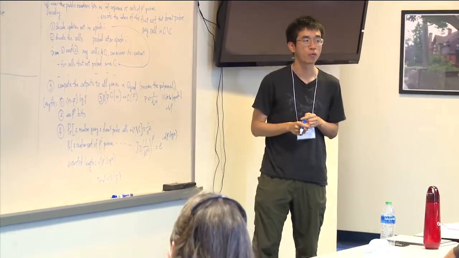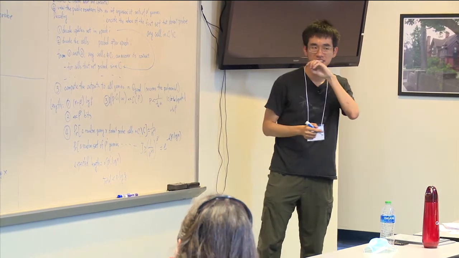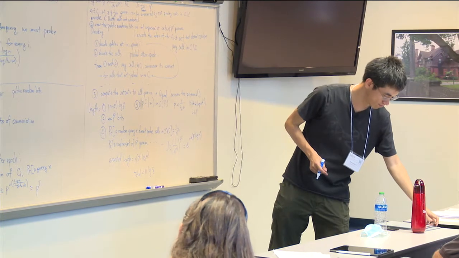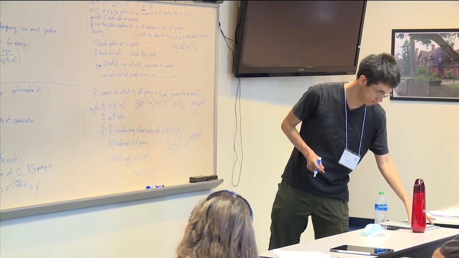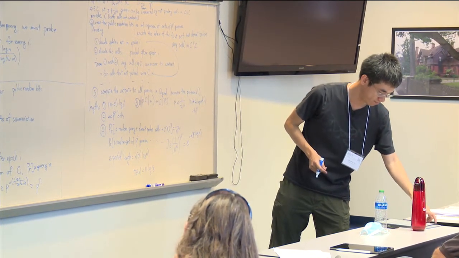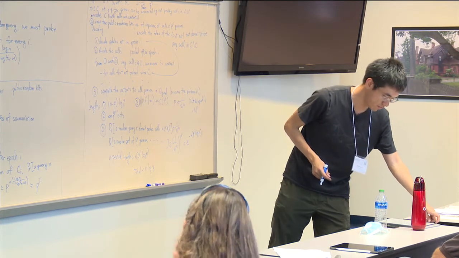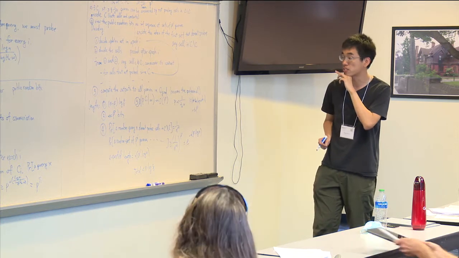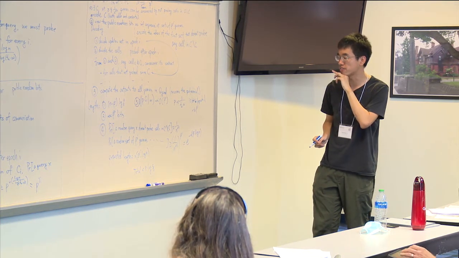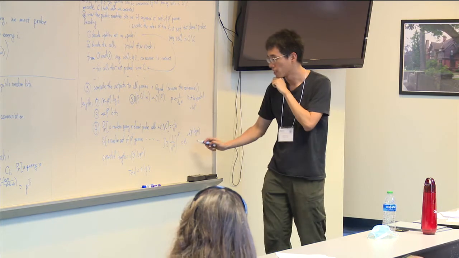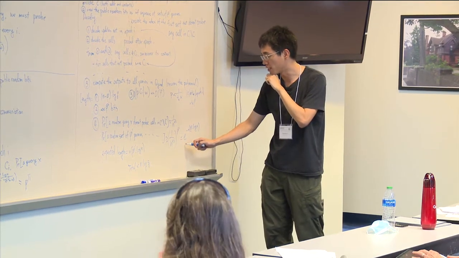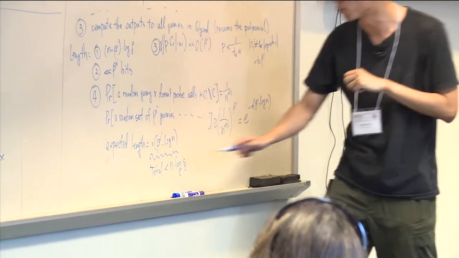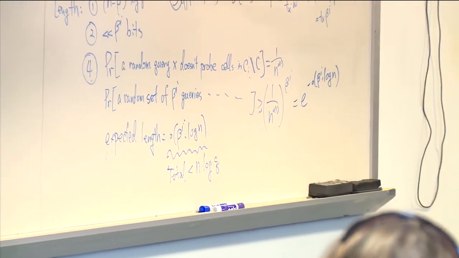Any other questions about this argument? Okay. Let me briefly mention that in this argument, one important fact is that we used little o of beta to the i times log n bits to encode this set of beta to the i queries, right?